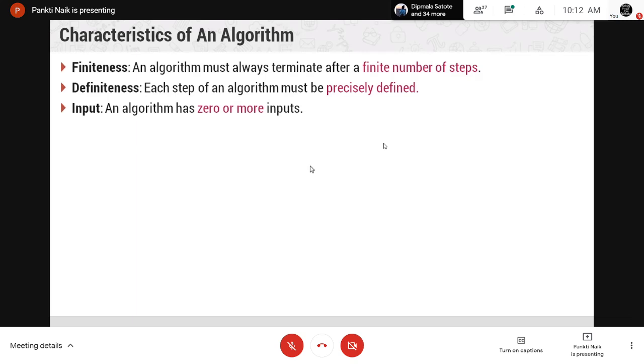Next is input. An algorithm has zero or more inputs. You will have inputs, and only then can you write down the solution steps. Output: an algorithm must have at least one desirable output.